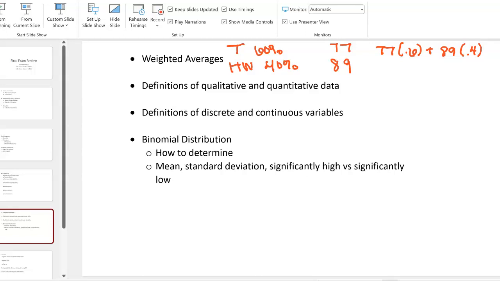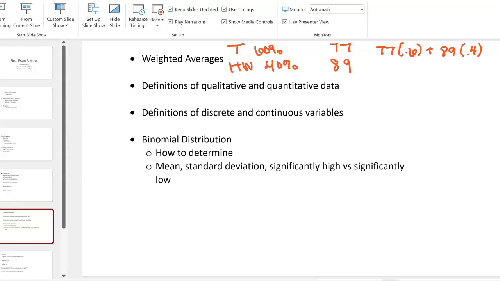Okay, know the definitions or the difference between qualitative, which is numeric data, and quantitative, which is more of a description. Know the difference between discrete and continuous. Discrete was whole numbers. Continuous can be fractions or decimals. And then binomial distribution. Okay, that's the one where there's only 2 outcomes.